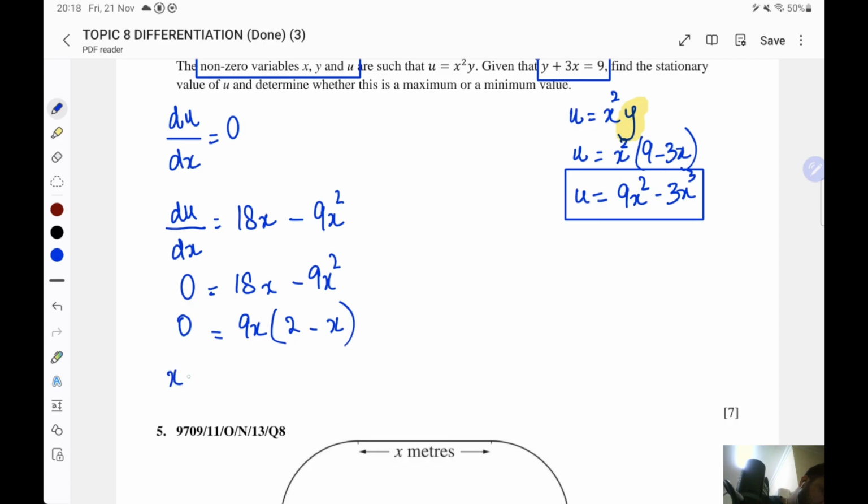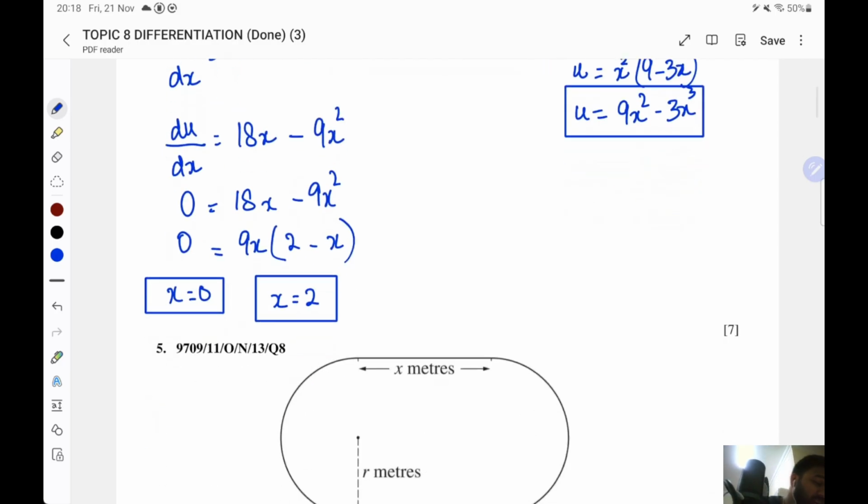So one value of x will be 0 from here, and the other value of x will be 2. So x cannot take the value of 0 because it says non-zero variable, so we will say that this is going to be ignored.